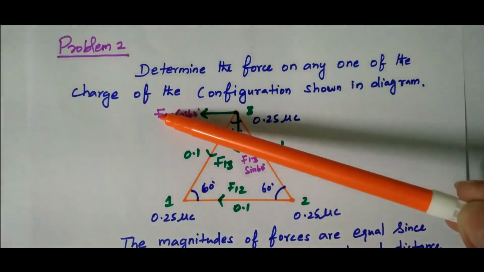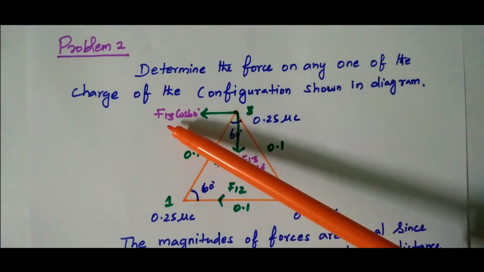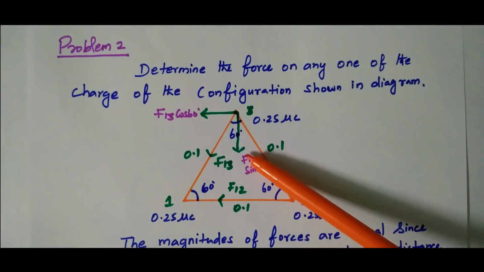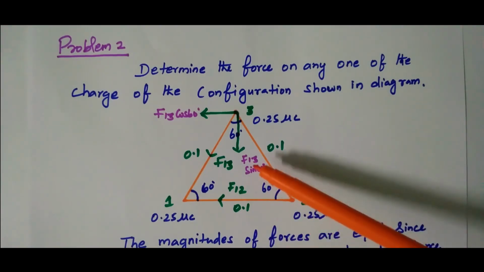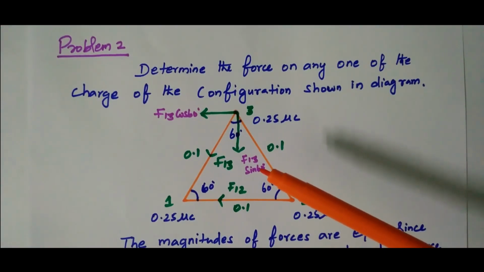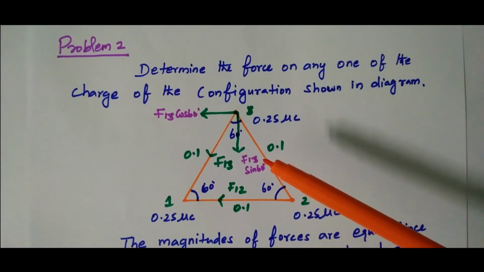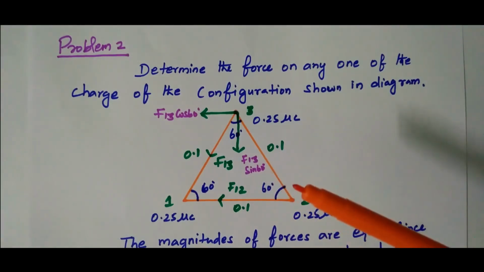That is nothing but total component multiplied by cos theta, F13 cos 60. What about the vertical component? Total component multiplied by sin theta, F13 sin 60. We can easily remember: horizontal component is total component multiplied by cos theta, vertical component is total component multiplied by sin theta.